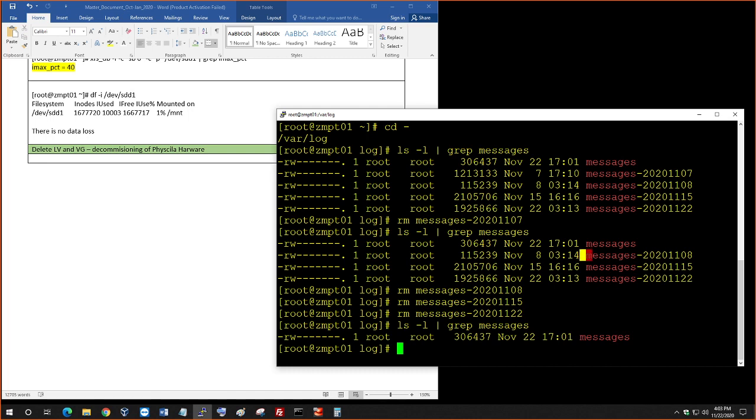What the system will do is it will archive itself and give it a name at the end with the date on it. Okay, is that good enough for you? Yes. Okay, good.